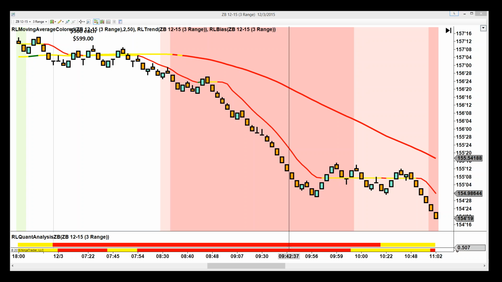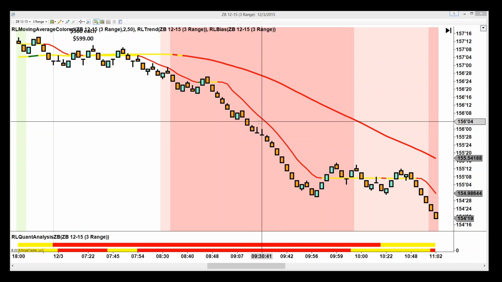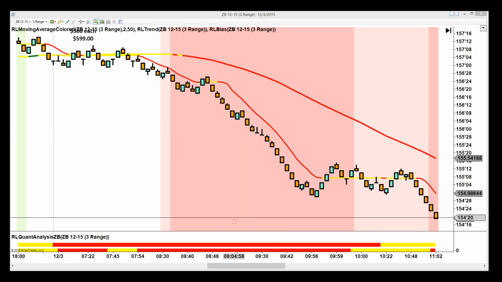These indicators do, and what they're trying to do is bring that positive predictive value up really high and the negative predictive value down really low, to give you every advantage you can when you trade. And you really do need it, because you can't beat the institutional guys. They're the ones that are setting the quant lines.